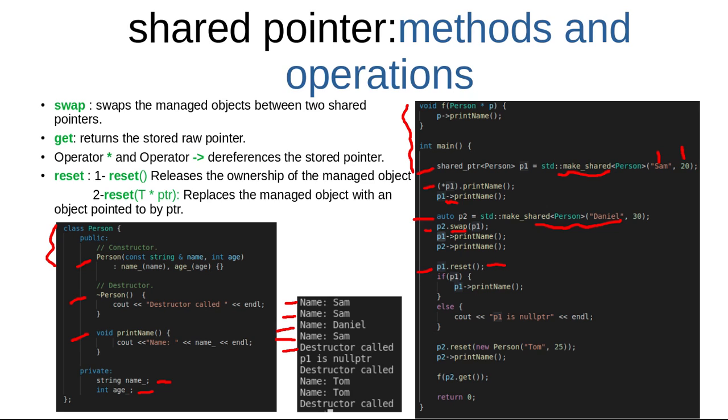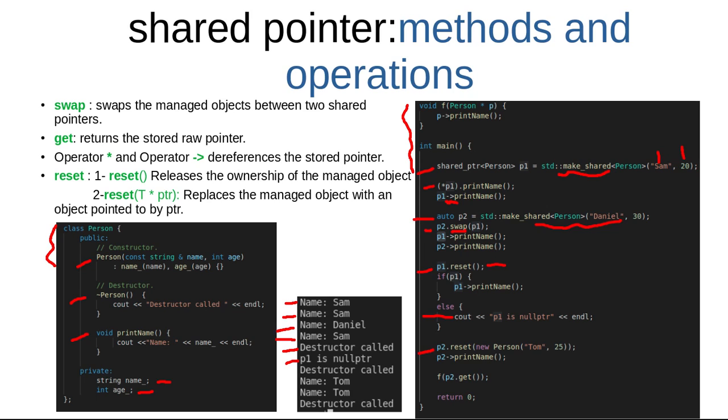So Daniel is released, and p1 is a null pointer because I called p1.reset. p1 will no longer point to anything; it's an empty pointer.